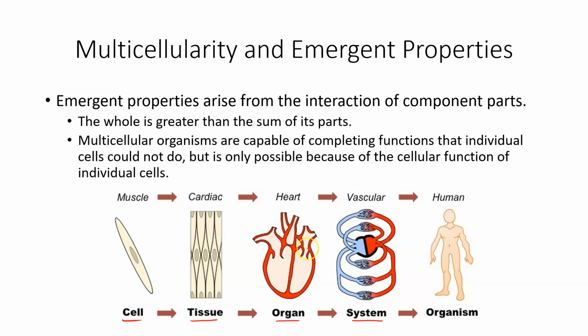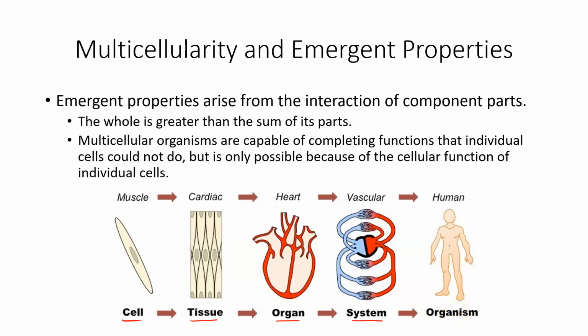The heart is going to work in concert with the other organs associated with the cardiovascular system, and that cardiovascular system is going to work in concert with the respiratory system. Those are going to work in concert with the endocrine system. They're going to work with the reproductive system. They're going to work with the muscular system, the digestive system, and when you put all of those systems together, you get the organism. Okay?